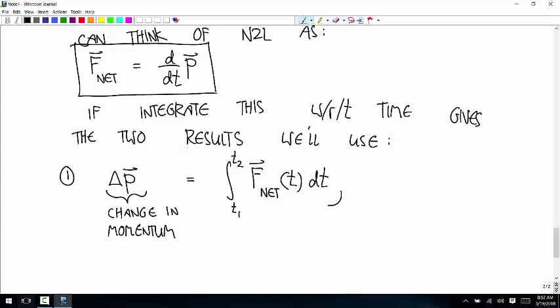This is called the impulse. And this whole equation is called the impulse momentum equation.